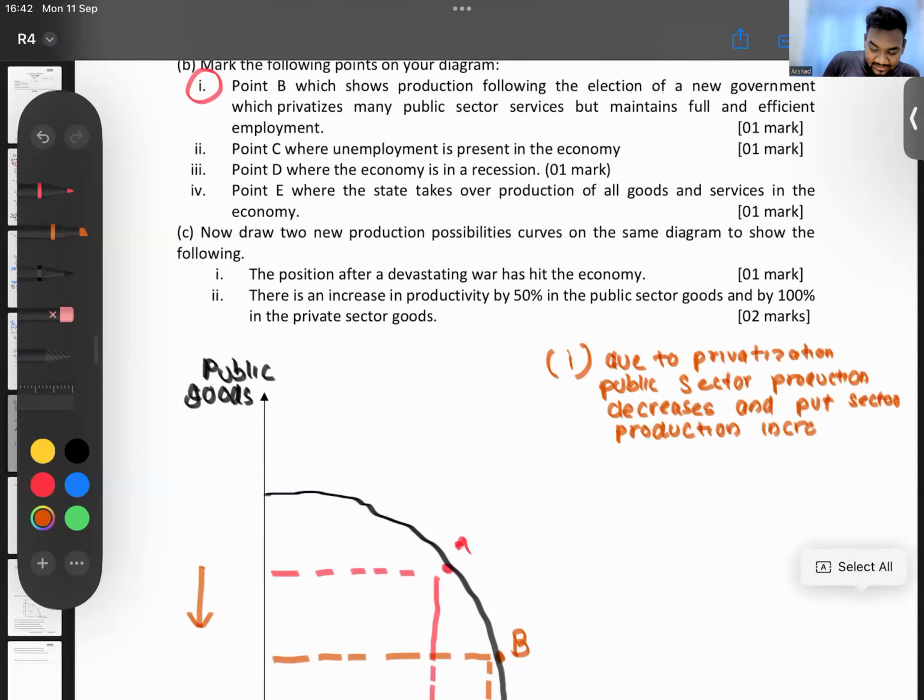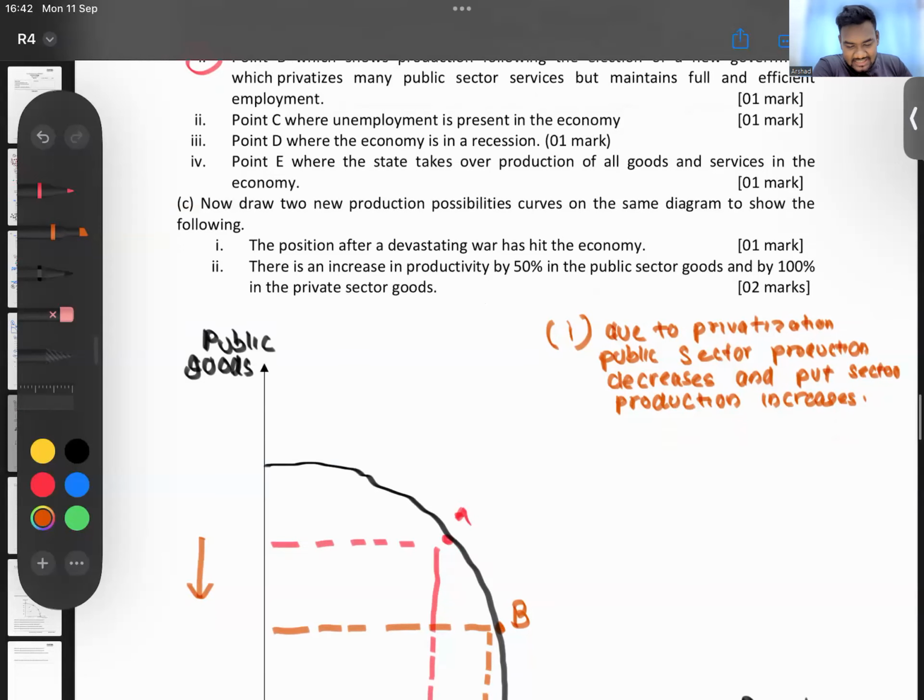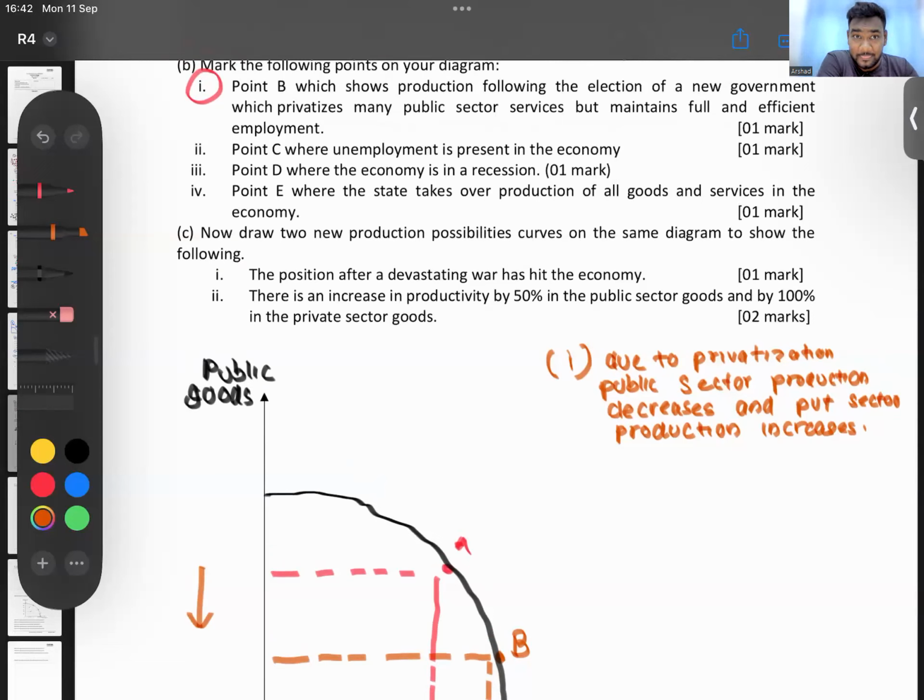You can say that. So that is why we are moving A to B. From here, we are going this way because due to privatization, government-owned businesses are being sold to the private sector. So when that happens, the amount of goods and services produced by the government sector comes down and the private sector increases. Is that clear, guys? Are you all fine with point B? You can show that on a PPC.